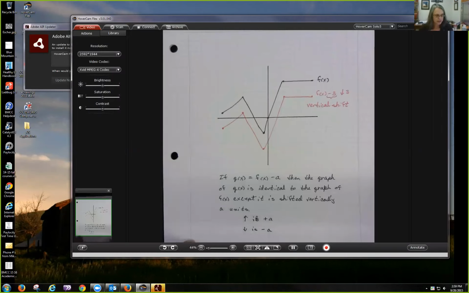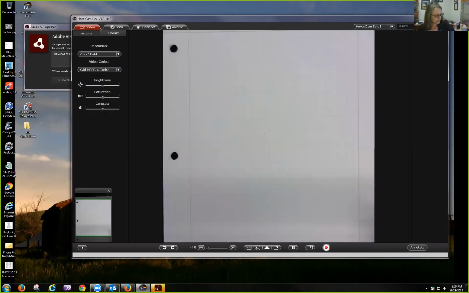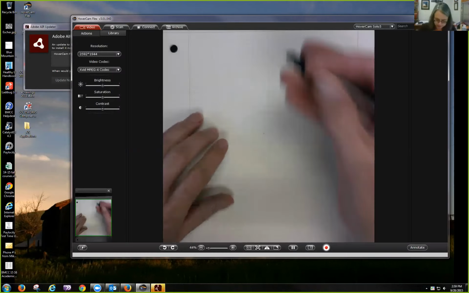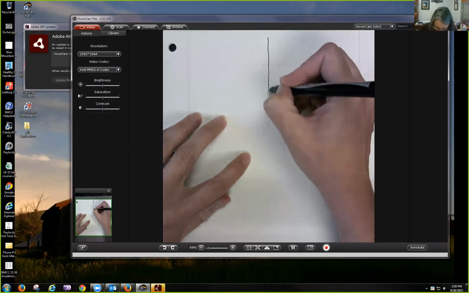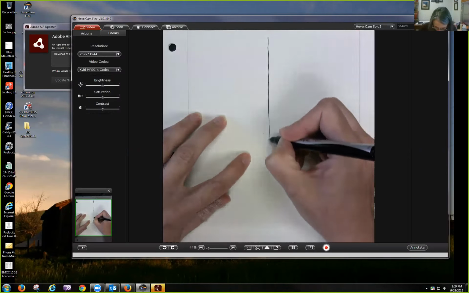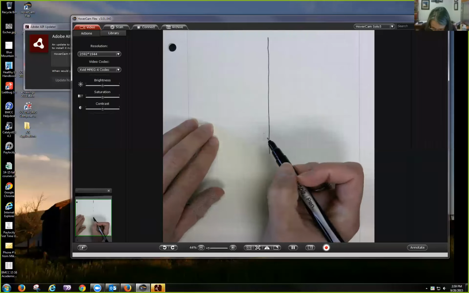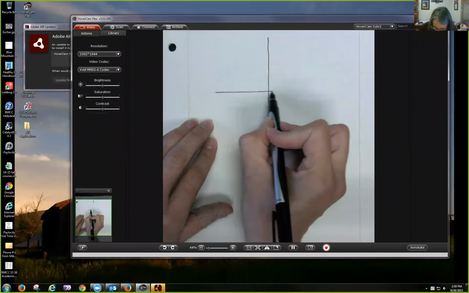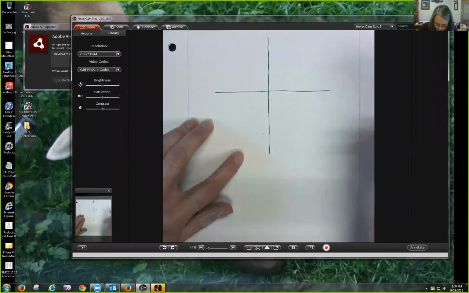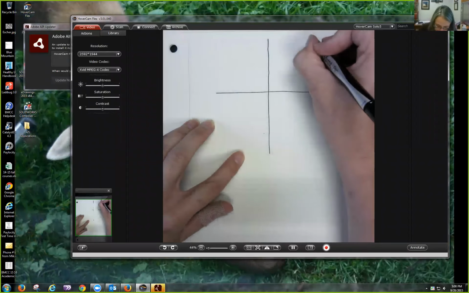All right. Now, let's go back to our parabola. Let's put my grids back on here. Let's go back to my basic f of x equals x squared.